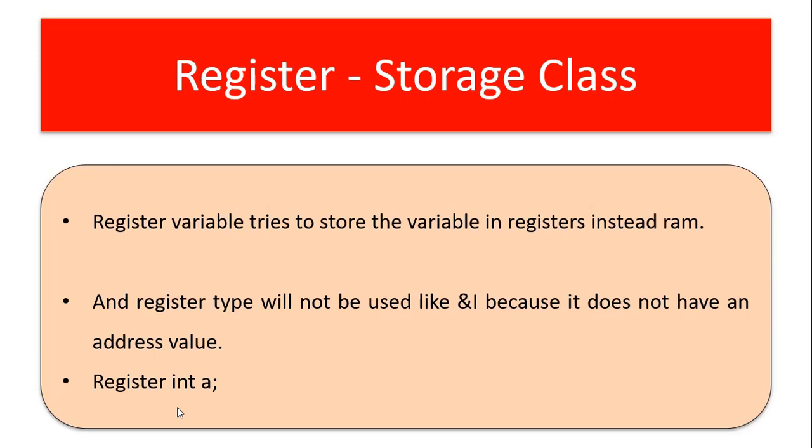The way to store a register variable is to give the register keyword before the data type in the syntax. So register int a is the syntax given in a C program. When we declare a variable using register int a, it means the compiler will create and save the variable a in a register.